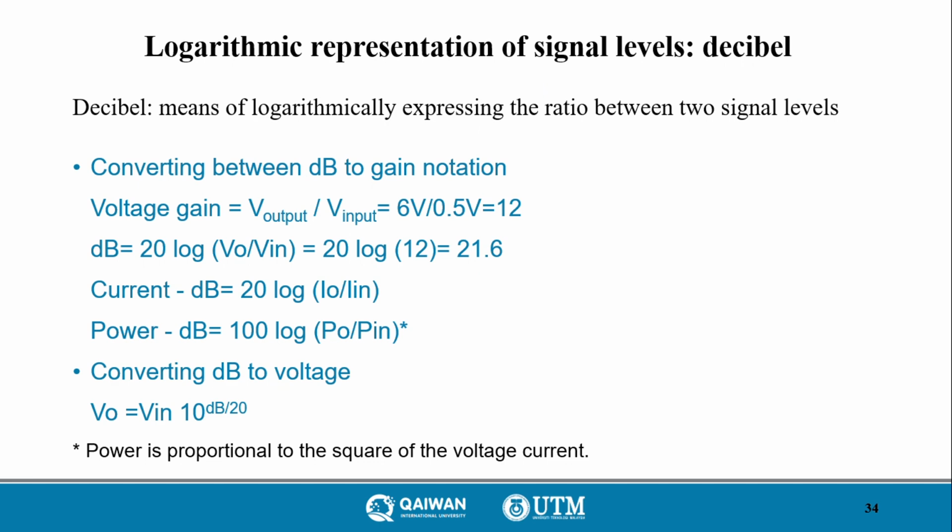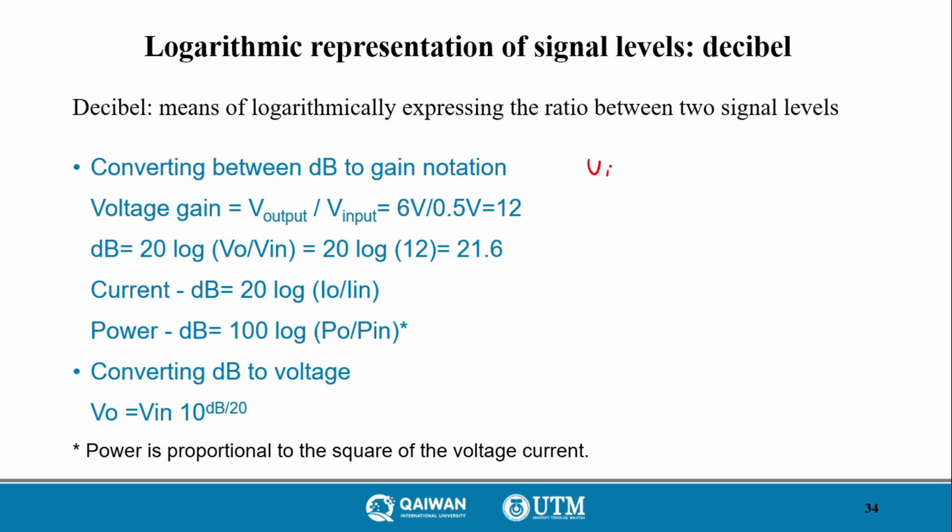For the logarithmic representation of signal levels, the decibel is a means of logarithmically expressing the ratio between two levels. For example, in order to represent the gain in dB, the voltage gain equals the output voltage divided by the input voltage.